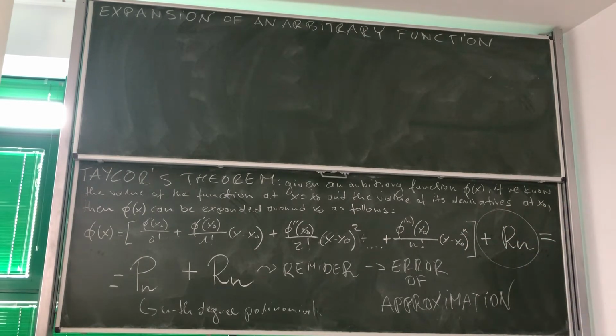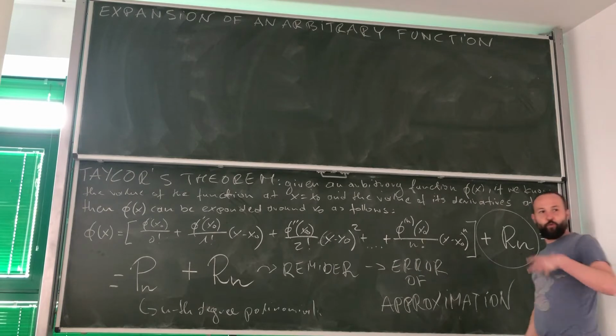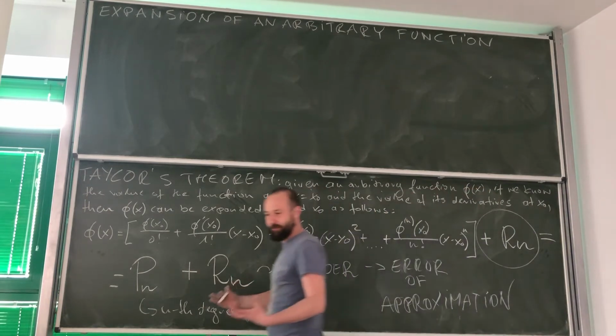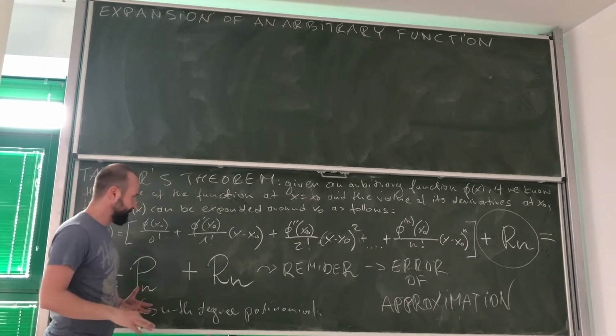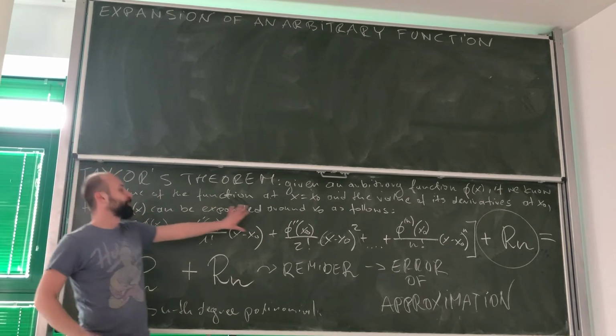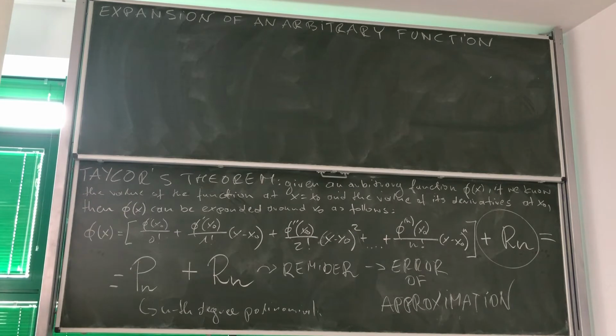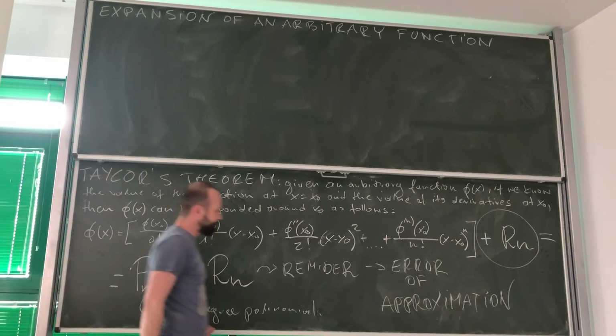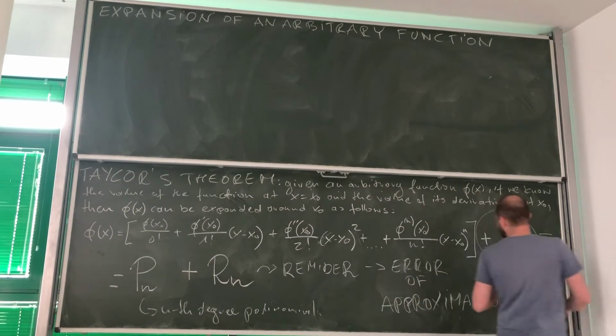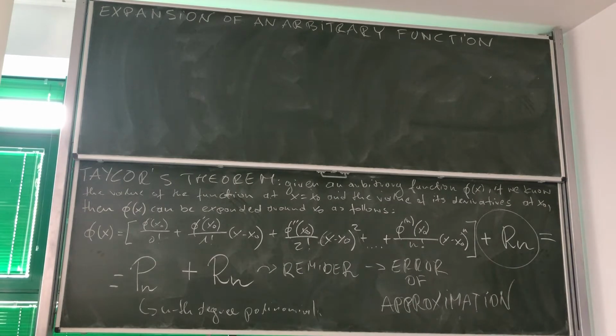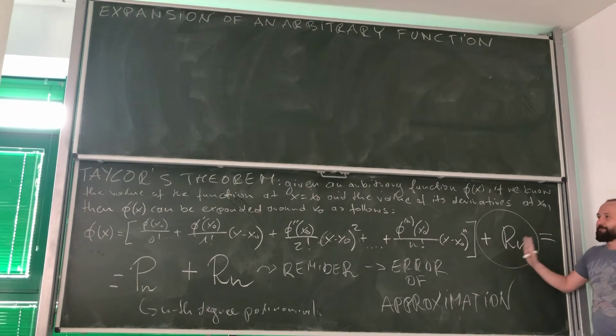In other words, when we apply the theorem, we are trying to simplify more complicated functions with a simpler polynomial. However, we're not always going to get a perfect fit.